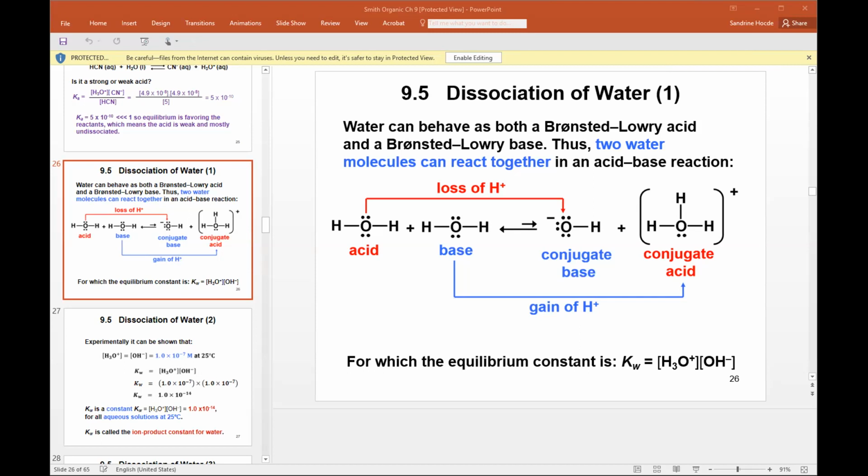So this ion product constant for water will be used to calculate the concentration of H3O plus when you know OH minus, or vice versa, you will calculate the concentration of OH minus when you know H3O plus. You can find this in your reference packet as well.